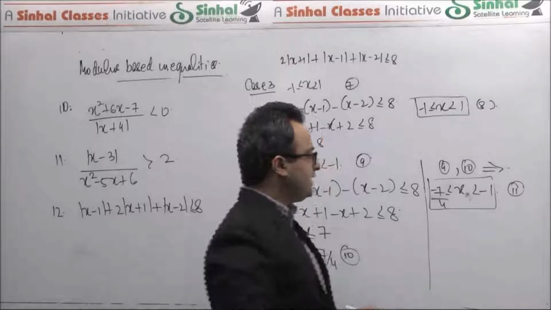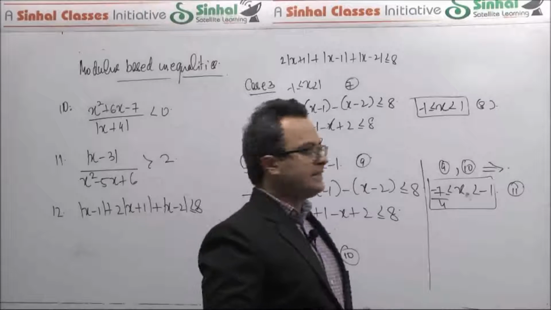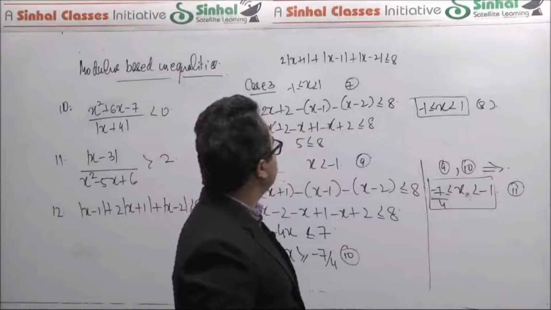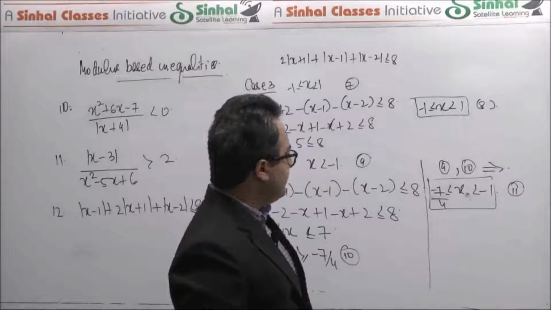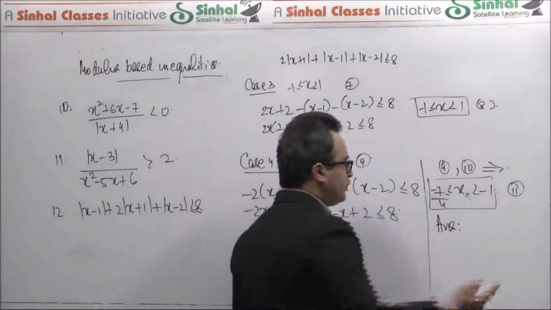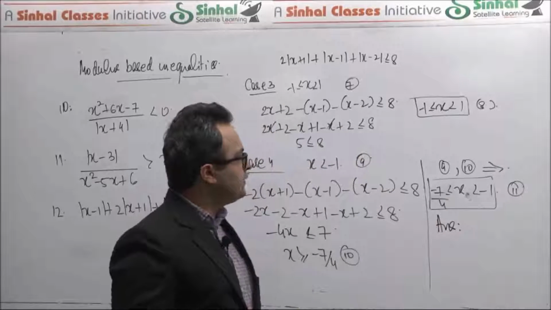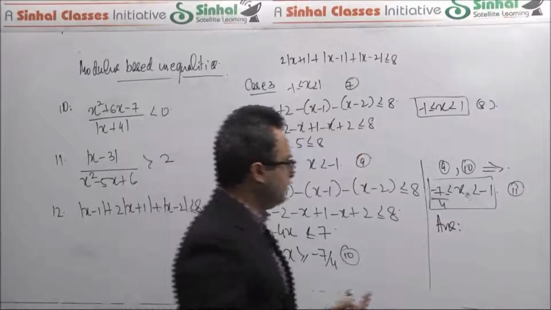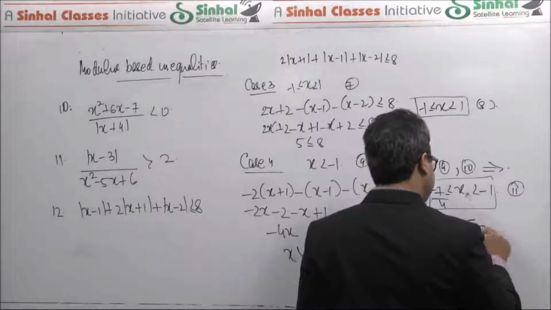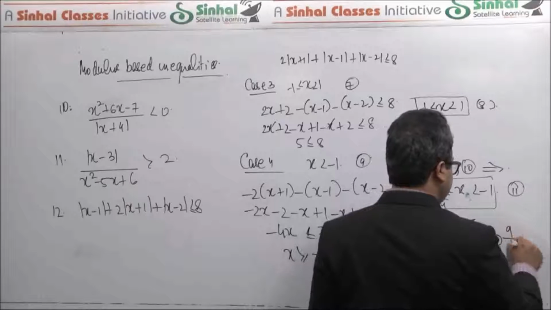Right, so now if we take a union of all the solution sets, I'm effectively getting the interval -7/4 to -1, union -1 to 1, union 1 to 2, and union 2 to 9/4. So the final answer effectively is -7/4 to 9/4.